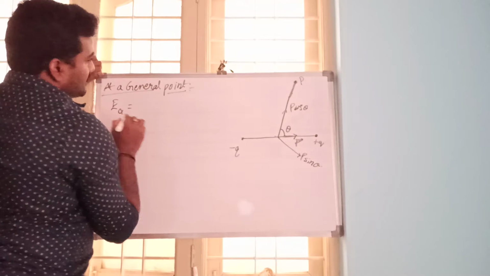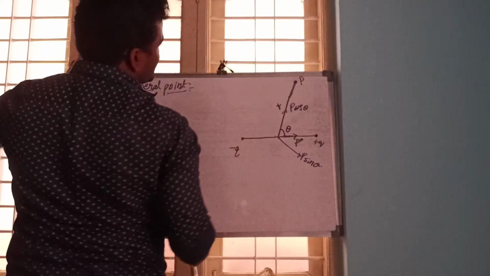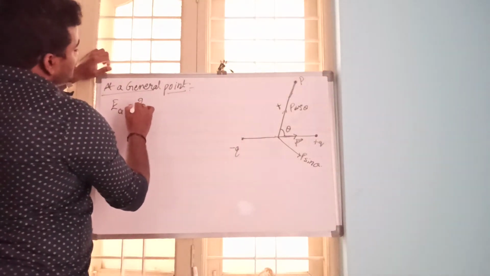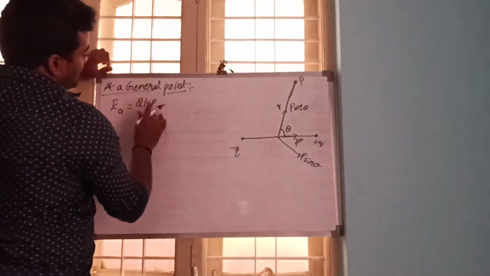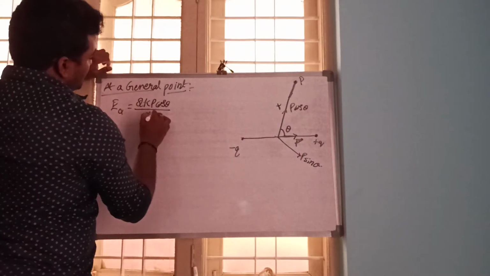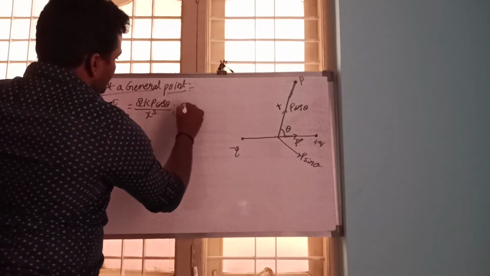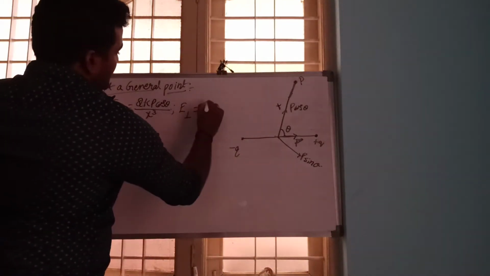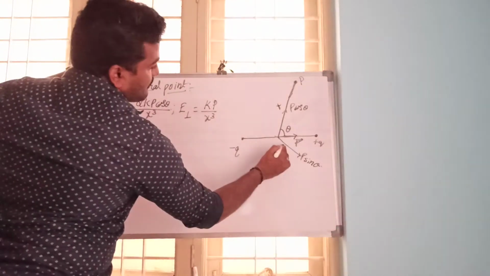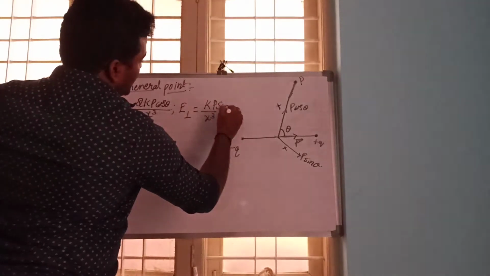So at an axial point P, which is at a distance of x, the electric field will be 2kP upon x cube, but here P will be P cos theta. And E perpendicular will be usually kp by x cube, but here P will be P sin theta.